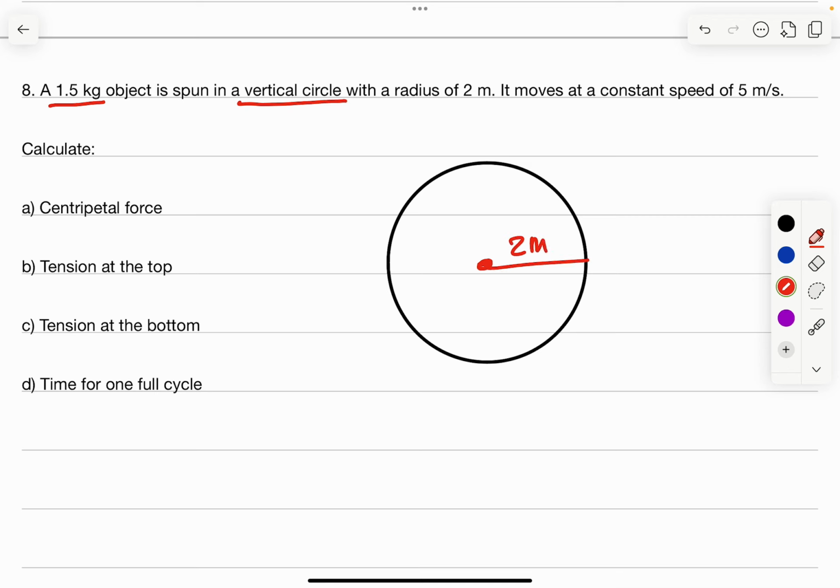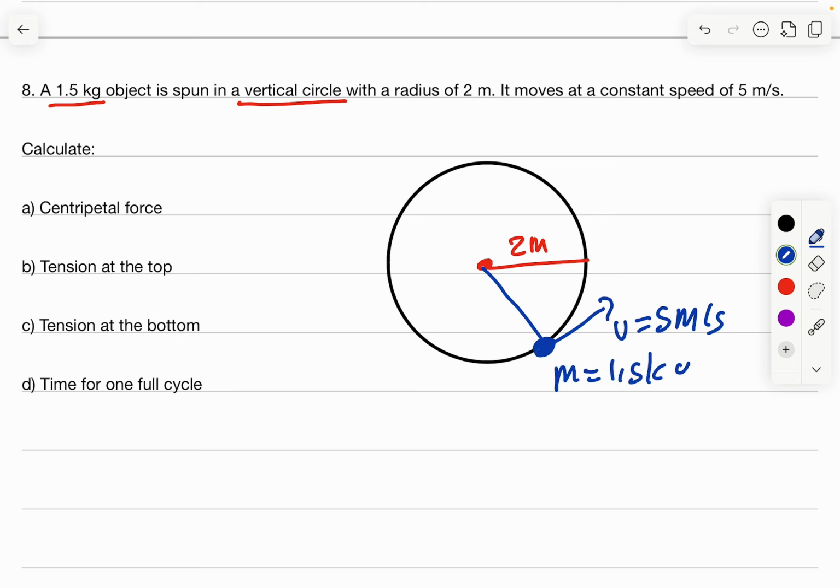It moves at a constant speed of 5 meters per second. Obviously the speed is always constant here. Understand? Let's assume it's here, moving with the speed of 5 meters per second. And the mass of that thing, they say, is 1.5 kilogram.